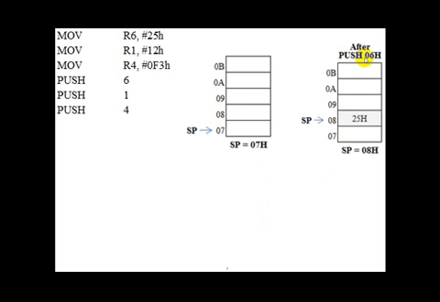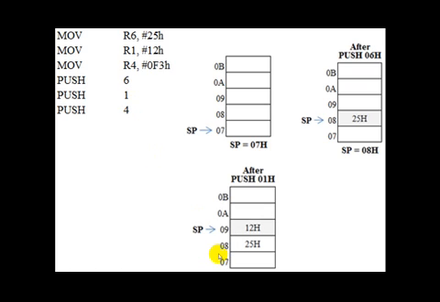Right? So after PUSH 06H instruction, the stack pointer is incremented by 1 and the contents of R6, 25H, is stored in this location. When you perform PUSH 1, again the stack pointer is incremented by 1. So this is the top of the stack now.